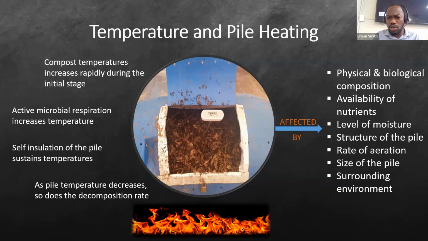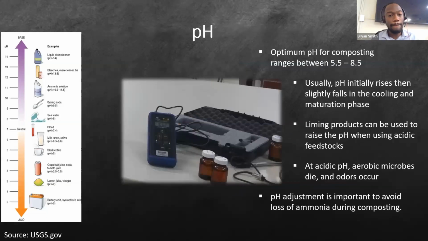If the food is crushed or smaller, it is easy to digest, it is easy to consume. And similarly, when the material that you're breaking down is a little bit smaller, not too small that it forms a flat compaction, but small enough that the microbes can actually act on the surface and eat it and break it down. It is also affected by the rate of aeration, the size of the pile, and most importantly, the surrounding environment. So if it's windy, if it is rainy, it will also affect the temperature.